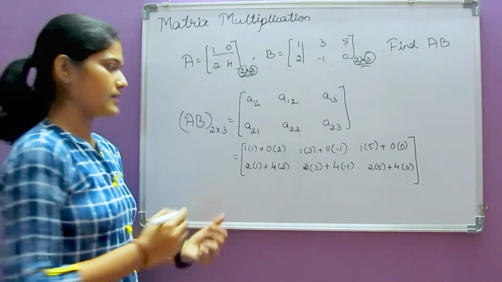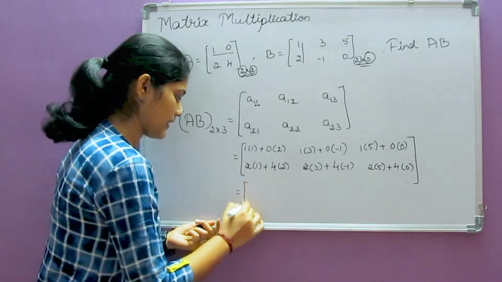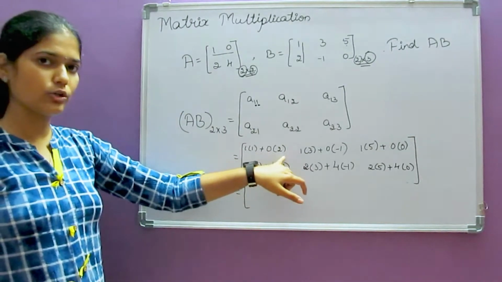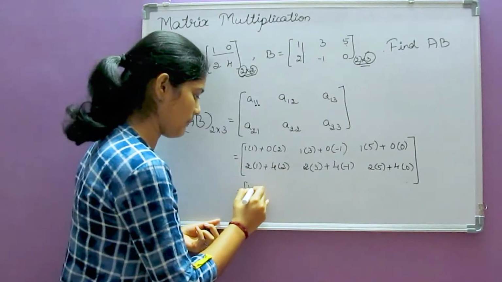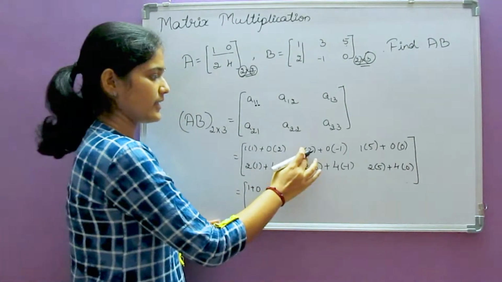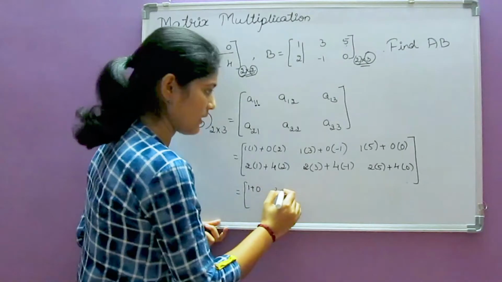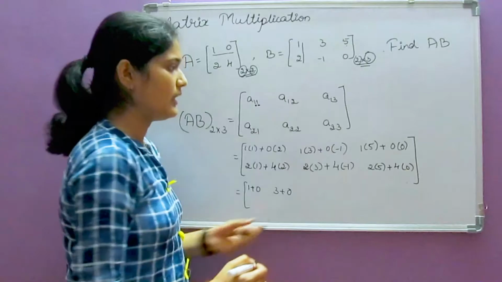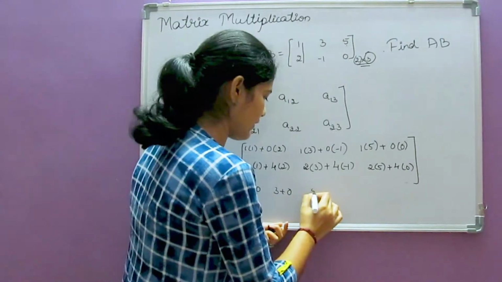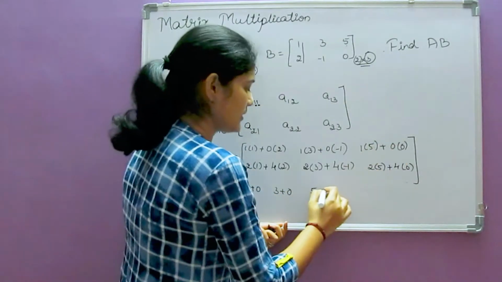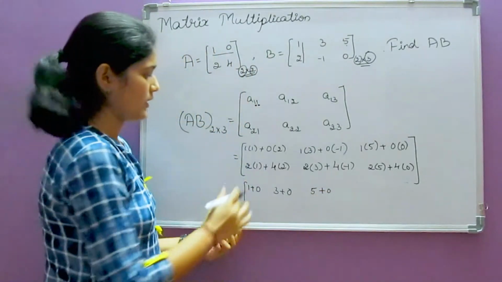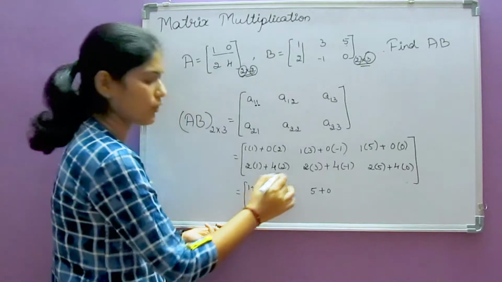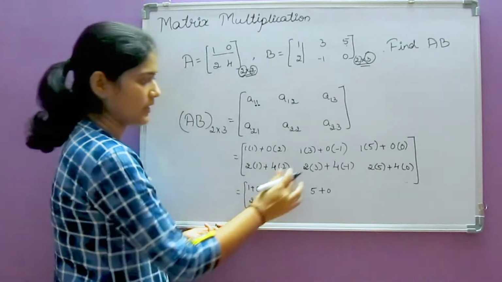This is the matrix. On simplification, we will get 1 into 1 is 1 plus 0 into 2 is 0. So, 1 plus 0. Next entry is 1 into 3 is 3 plus 0 into minus 1 is 0. Similarly, 1 into 5 is 5 and 0 is 0. Next term is 2 into 1 is 2 plus 4 into 2 is 8.